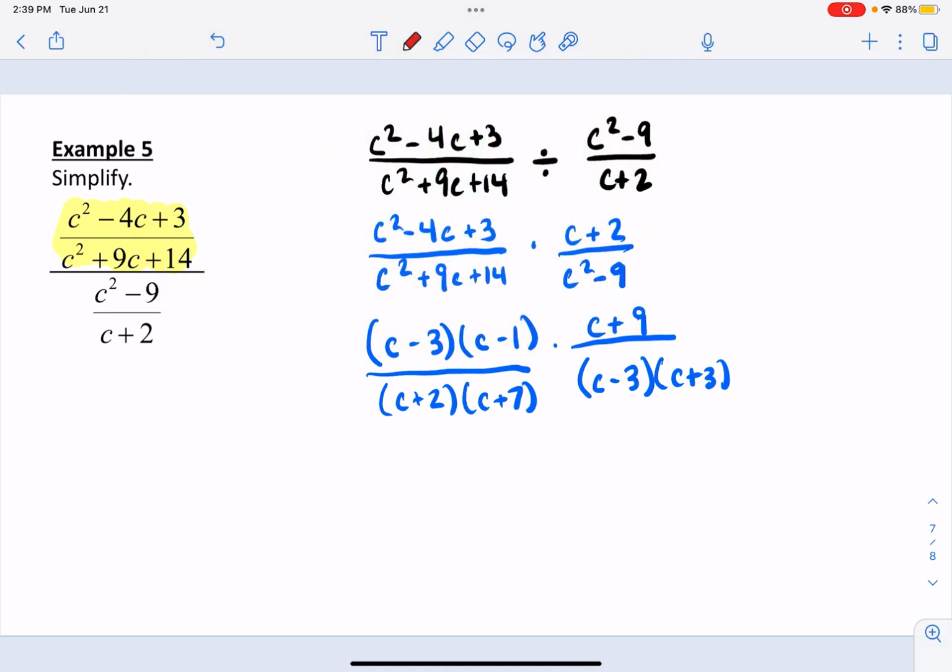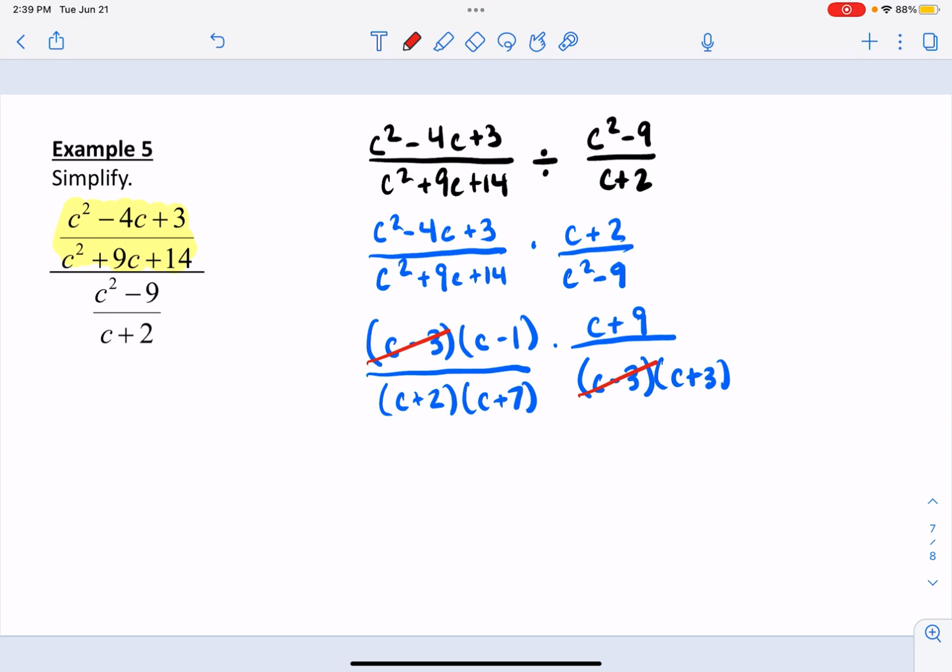So now I start canceling. C plus 3. Oh no. I can't cancel anything else? Or C minus 3? I'm shocked I can't cancel anything else. Oh, that really surprises me. I'm just double checking my math here real quick. Yep, my math looks right.